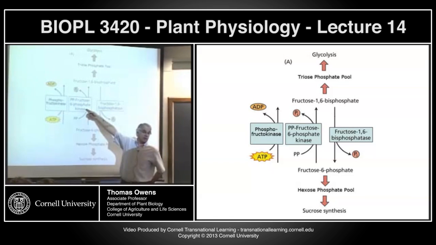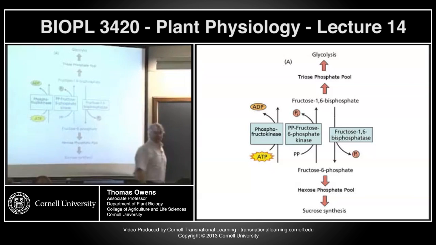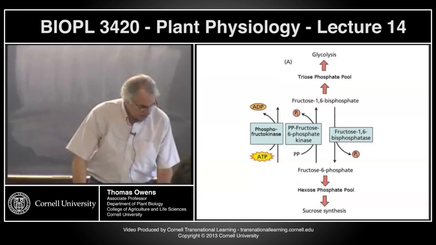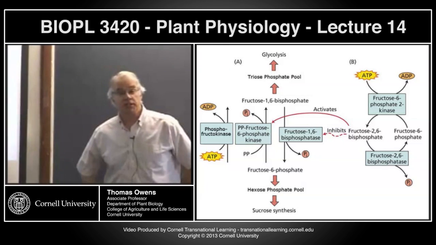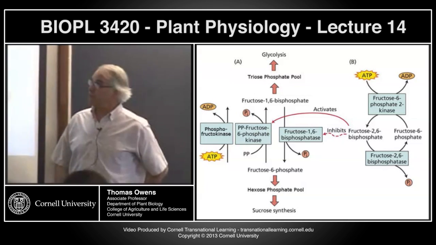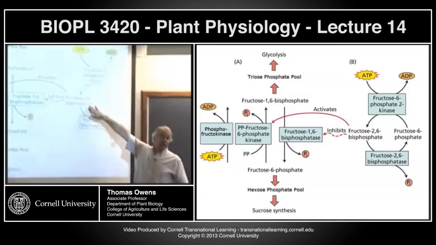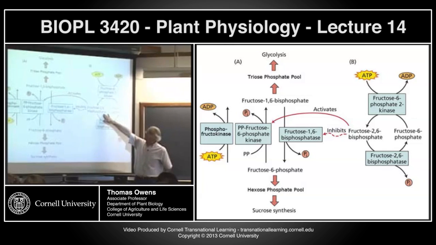Plants have a completely different enzyme that pushes things in the direction of glycolysis. And it shouldn't be surprising to you that there's a unique type of regulation here. And I think we mentioned this briefly at the end of lecture yesterday, that the regulation is accomplished by an interesting sugar, fructose 2,6-bisphosphate.